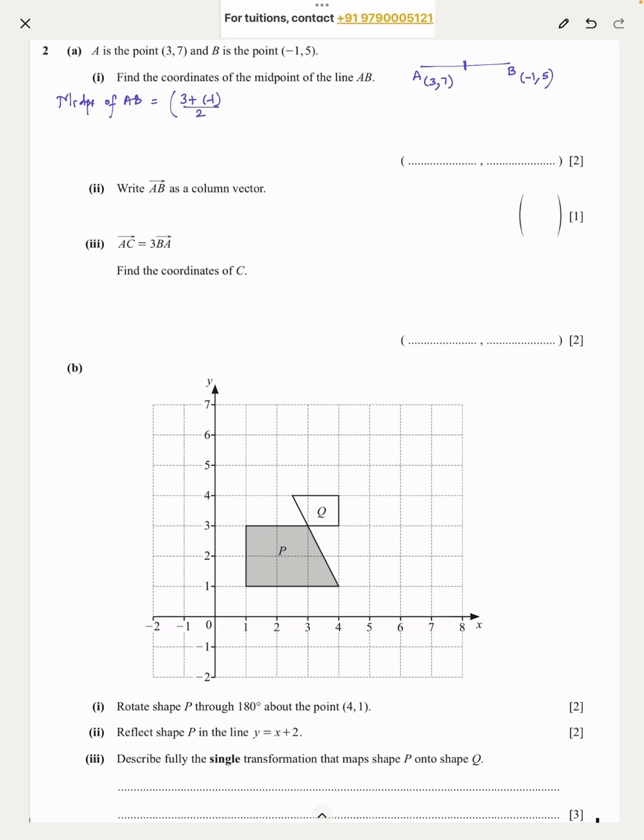So (3 plus -1) by 2, comma, (7 plus 5) by 2, which is 2 by 2 and 12 by 2, which gives us (1, 6). So 1 is the x coordinate and 6 is the y coordinate of the midpoint. So this is (1, 6).